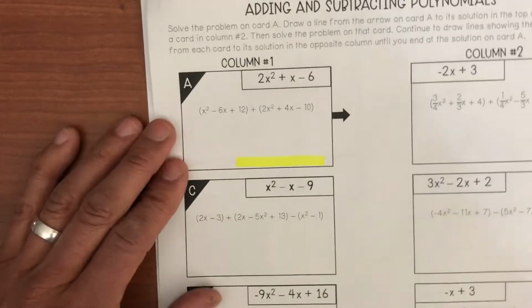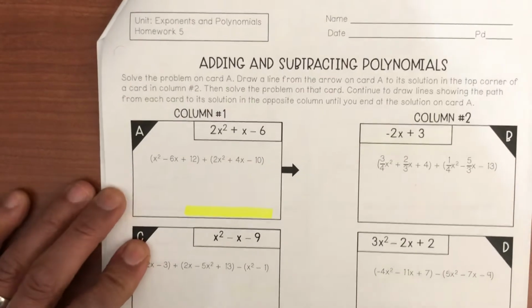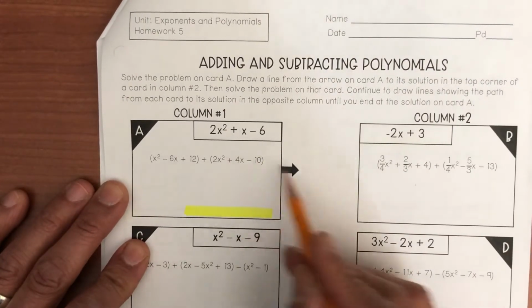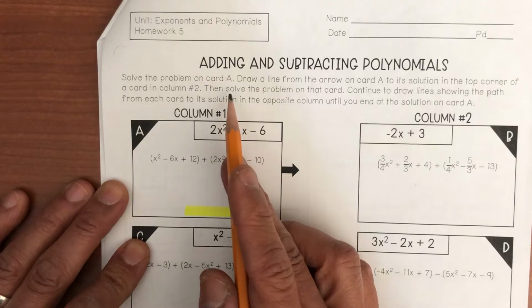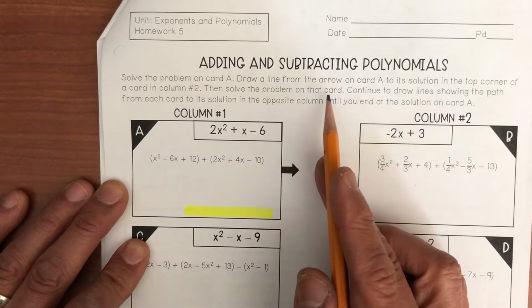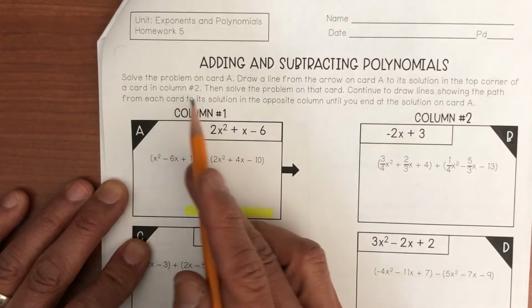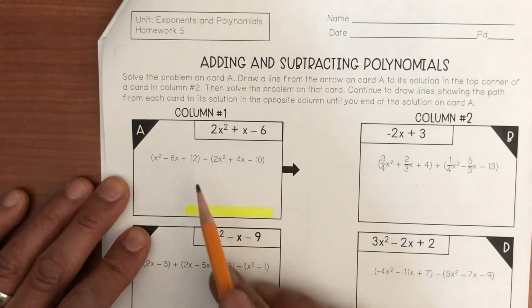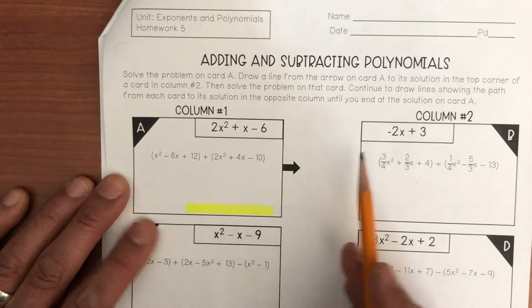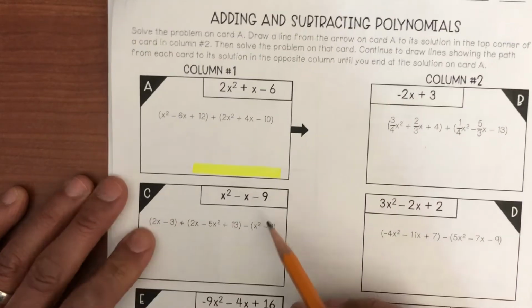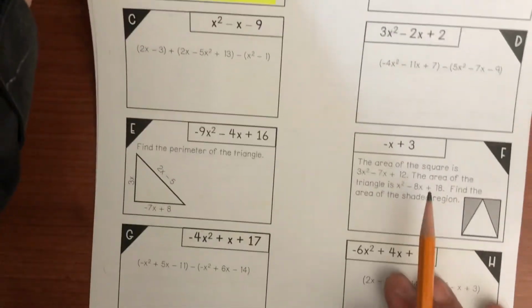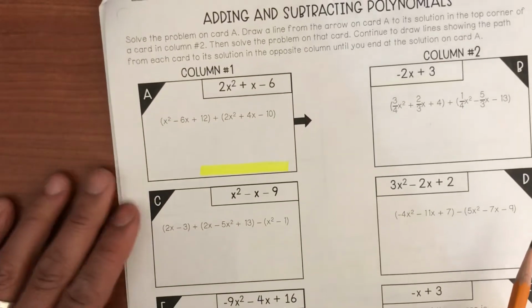So that's it for the handout, but let me just introduce the homework side of this. So right here, solve the problem on card A, draw a line from the arrow on card A to its solution in the top corner of a card in column 2. Okay, so we'll solve something over here, and then we're gonna see the solution somewhere in this top portion of one of these.